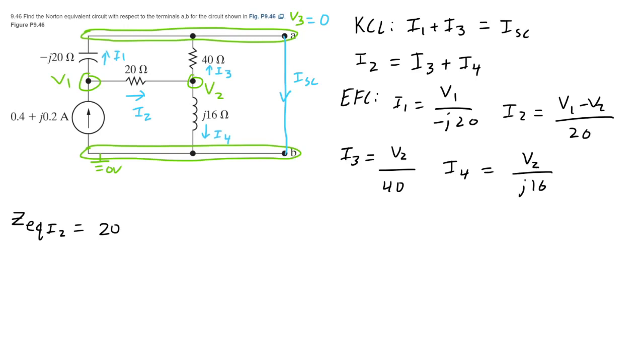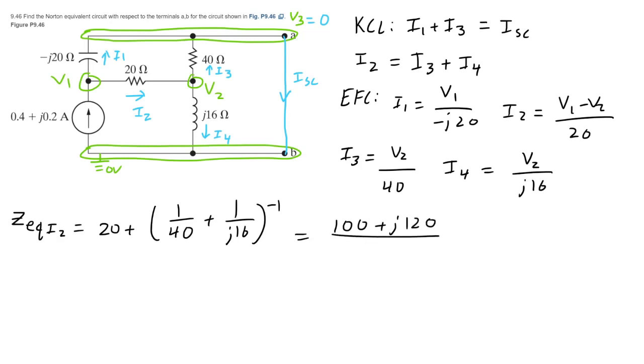So there's 20 ohms in series with this parallel combination, so 1 over 40 ohms plus 1 over j16, to the minus 1. That ends up being 100 plus j120 over 5 plus j2.